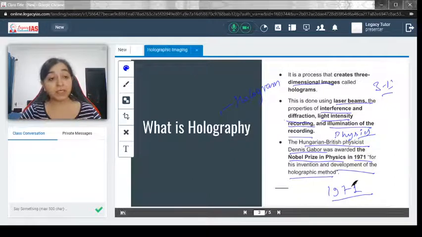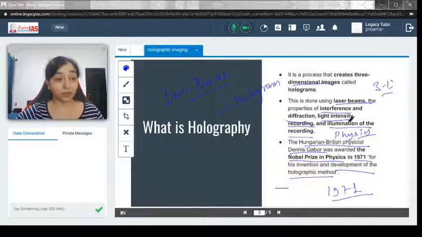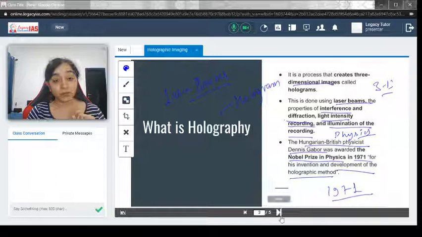You don't have to really understand the overall mechanism, just know that laser beams are used for holography. Then the physics concepts: the properties of interference, diffraction, light intensity recording and illumination of the recording. These four principles of physics, or how light behaves in terms of interference and diffraction, are utilized to create a 3D kind of figure. This is something you need to know about holography.